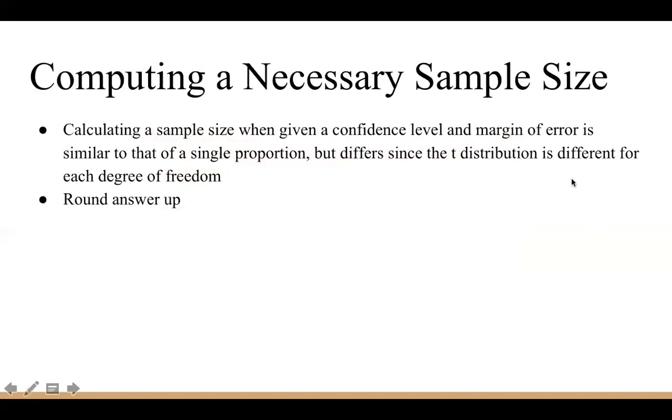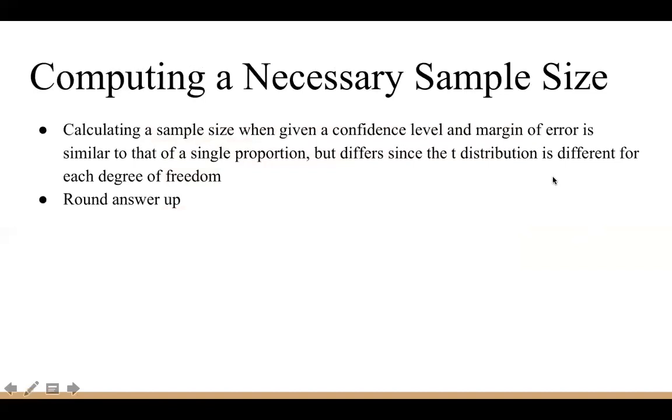So again, we already discussed computing necessary sample size before with one sample proportion. And you can do the same thing here, except it's different because the t-distribution is different for each degree of freedom, so there will be a different formula for computing a sample size for one sample mean.